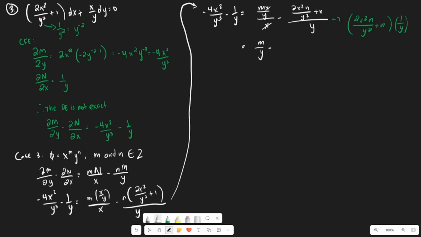So we distribute, and we'll have 2x squared n over y cubed.